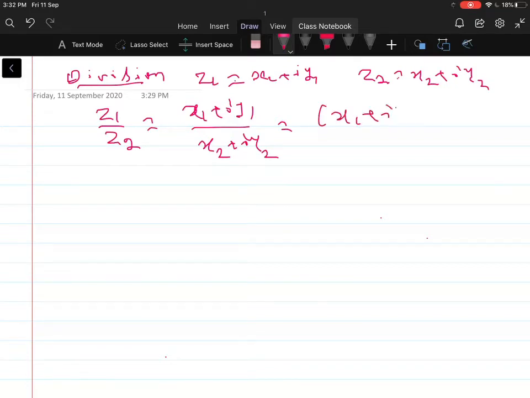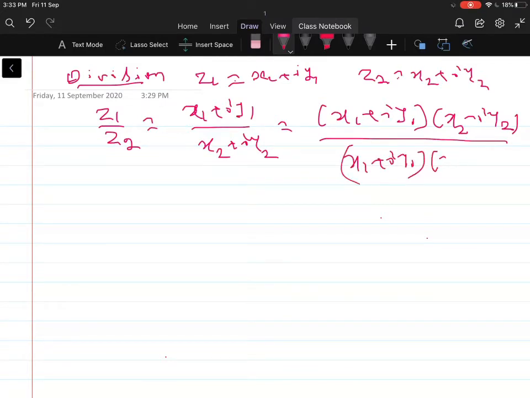So that can be written as (x1 plus iy1) into (x2 minus iy2) divided by (x2 plus iy2) into (x2 minus iy2), where x2 minus iy2 is the conjugate of x2 plus iy2. But here either x2 is not equal to 0 or y2 is not equal to 0.